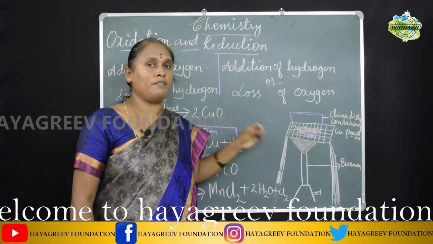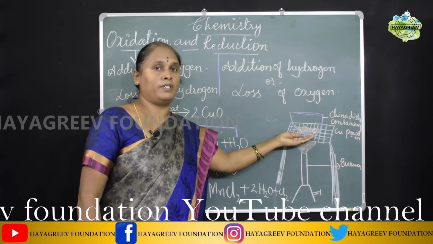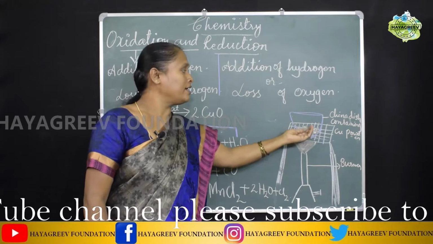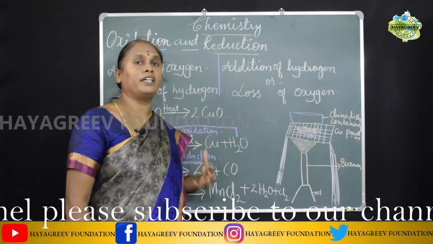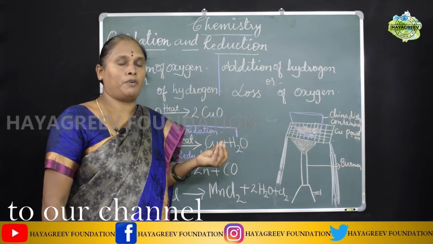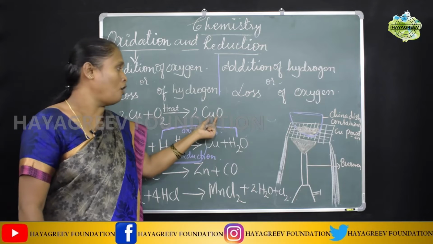How do you identify the formation of copper oxide? There will be a characteristic color change seen. Slowly you can see that the surface of the copper powder will be turning to a black deposition. That black color is due to the formation of this copper oxide.